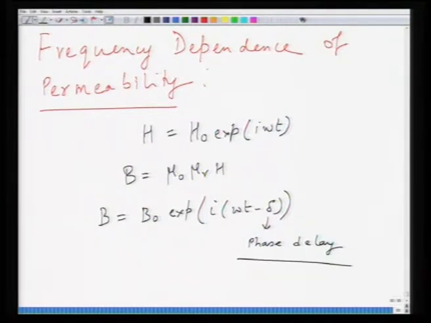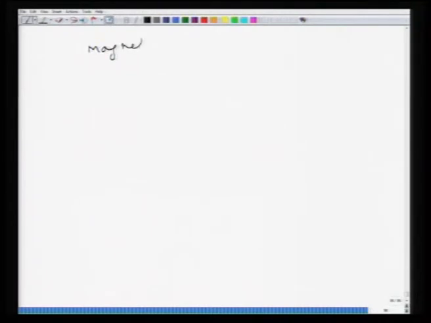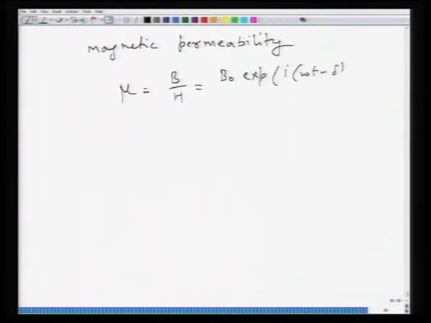If you plot it on a real-imaginary plot, with this as your H, then B would be somewhere here, and this would be your delta. Now, what is magnetic permeability? Magnetic permeability mu is nothing but B divided by H. If you substitute the values, this is B naught exponential of i into omega t minus delta divided by H naught exponential i omega t.